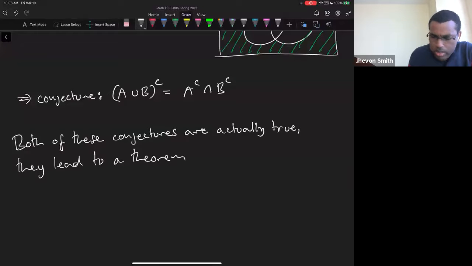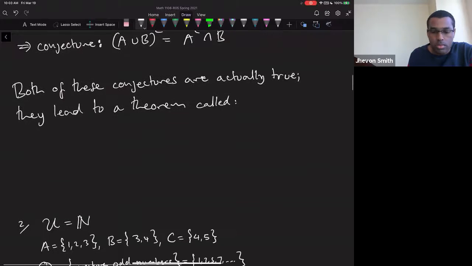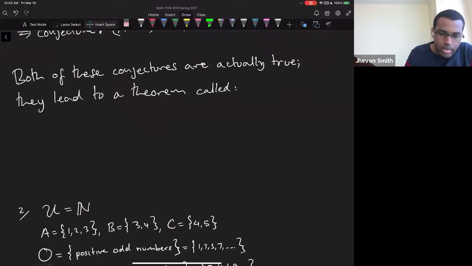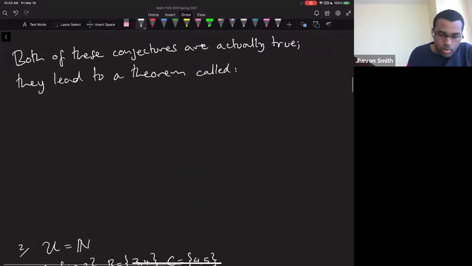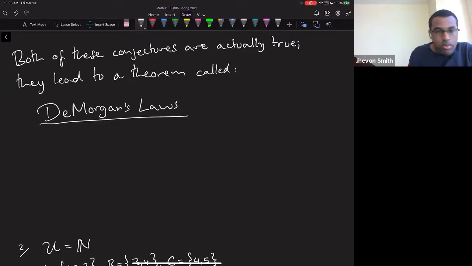Does anyone, I mean, after I did this, does this look familiar to anyone? Does anyone know what this is called? I don't know if you guys did stuff with sets in high school. These guys are called De Morgan's laws. Very, very famous rules, very useful rules.